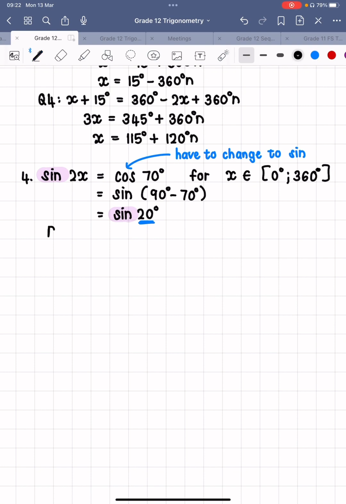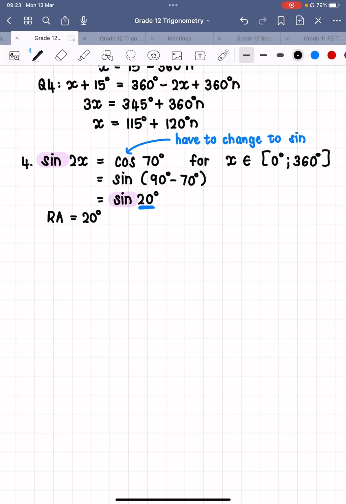Okay, so the reference angle is 20 degrees. And this is saying sine is equal to positive, right? Positive. Where is sine positive? In which quadrants? 1 and 2. So we're going to have a quadrant 1 solution and a quadrant 2 solution. So in quadrant 1, we're going to say, what is the angle now that was after the first sine? 2x.